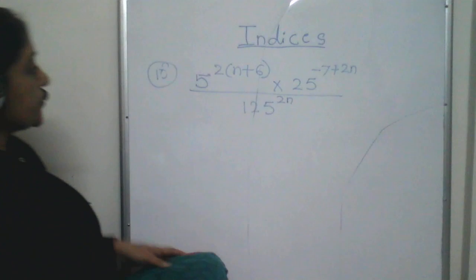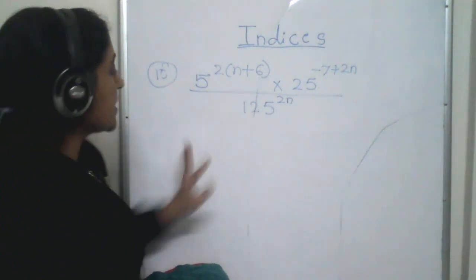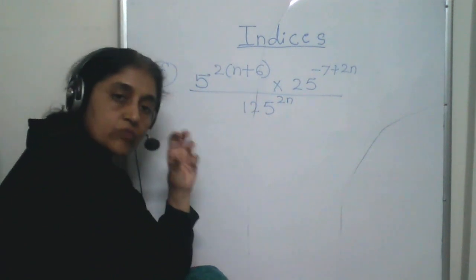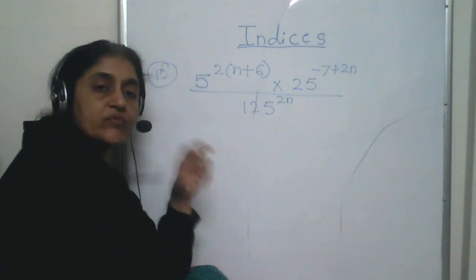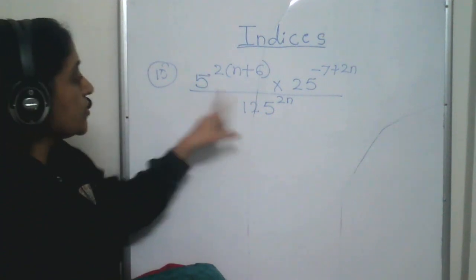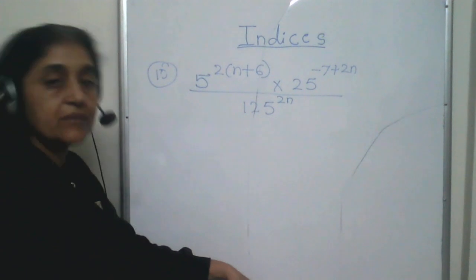Now first of all, understand that whatever the bigger numbers are given, try to make them with the smallest base, or the base of a prime. 5 is a prime number. So you know that 25 and 125 are the multiples of 5, so bring them in that form.